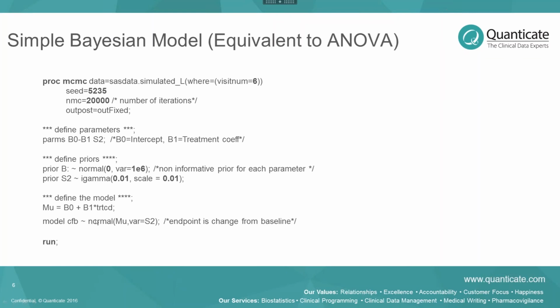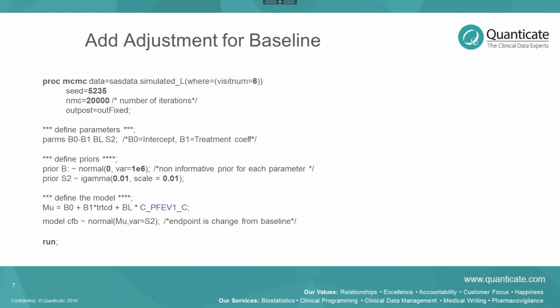Then we define the model, so this is like your y equals mx plus c. So we've got the intercept and the slope multiplied by the treatment variable, where treatment is, I think, a 1 and a 0 or a 1 and a 2. And so the change from baseline is going to be normally distributed, because this is the mean, and that's the basic model.